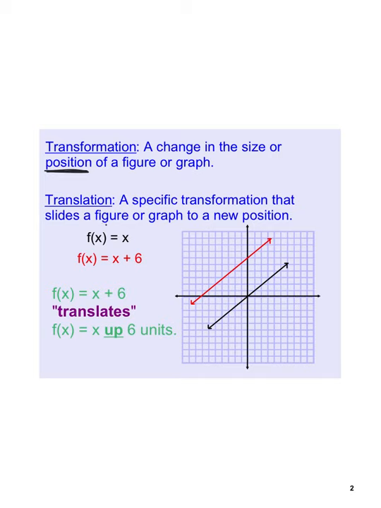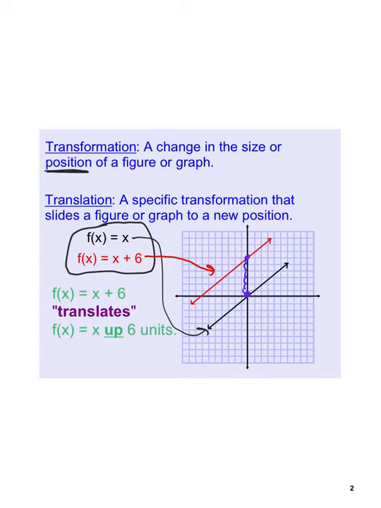So for instance, if you look at this combination of functions here, naturally the first one is this black line down here. The second one, this red line, that +6 simply moved that same graph up 6 units. For every single point on this line, it just moved up exactly 6 units. Probably the easiest one to see would be right at the y-intercept.